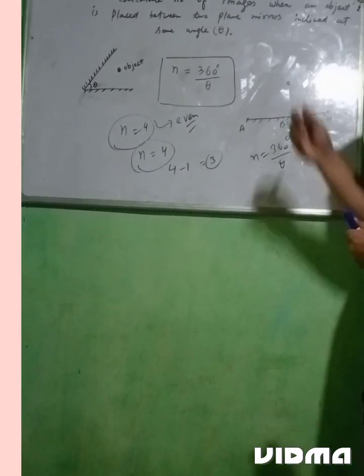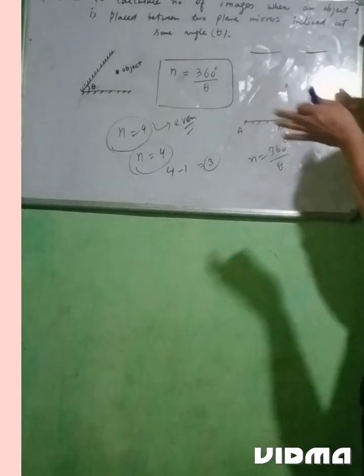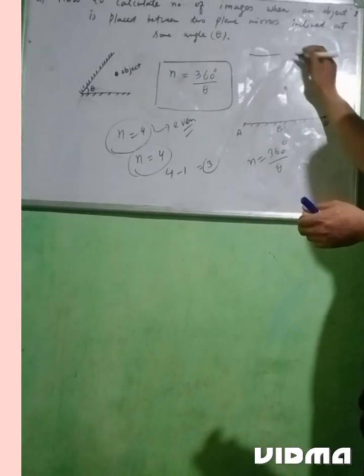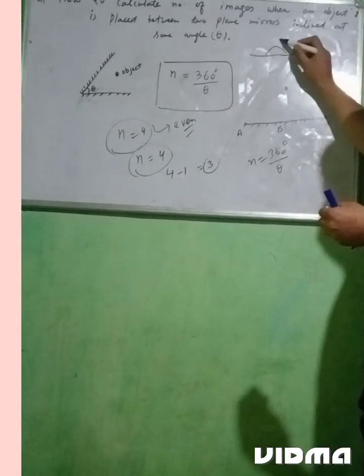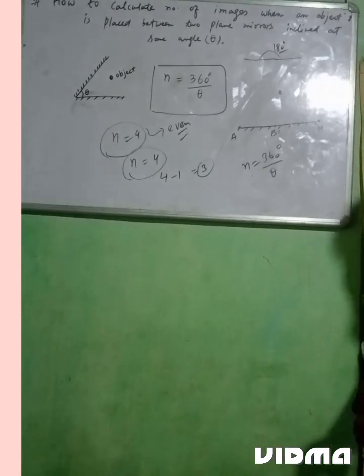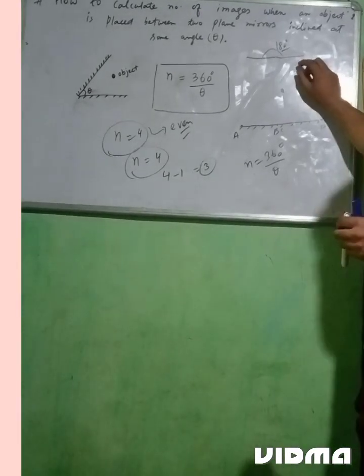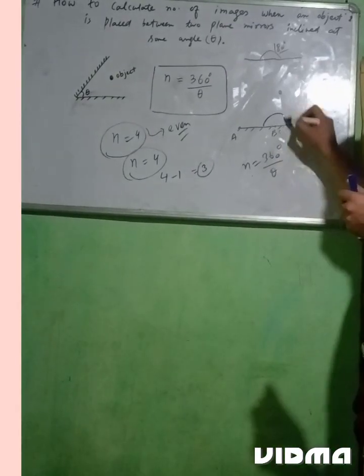Here you know that when this is one line and this is another line, when you will join these lines in this way, then the angle between these two lines will be 180 degree. In the same way here, the angle will be 180 degree.